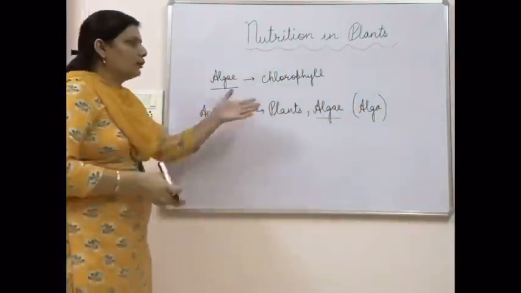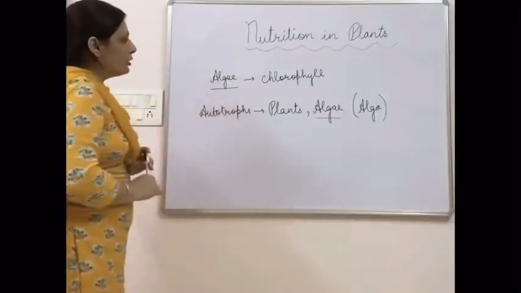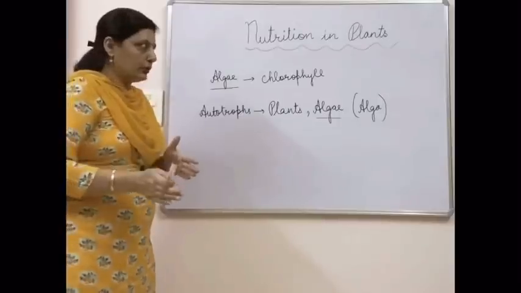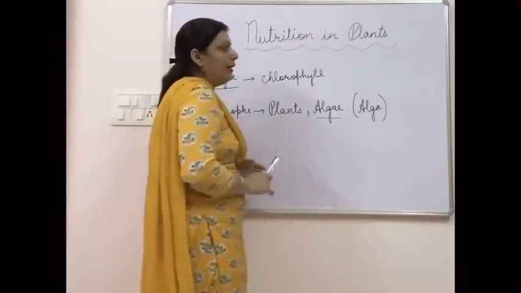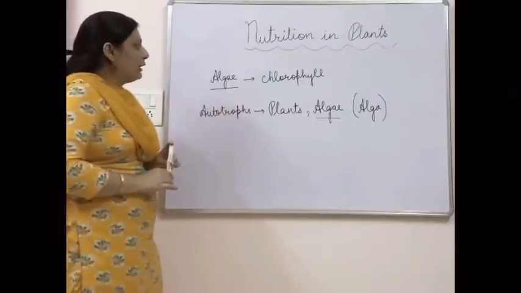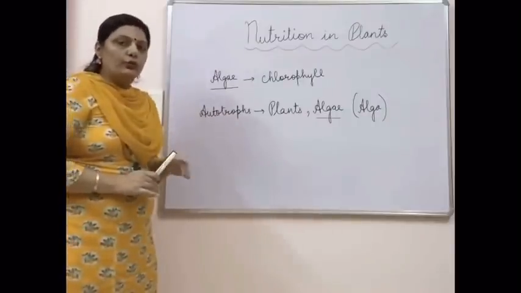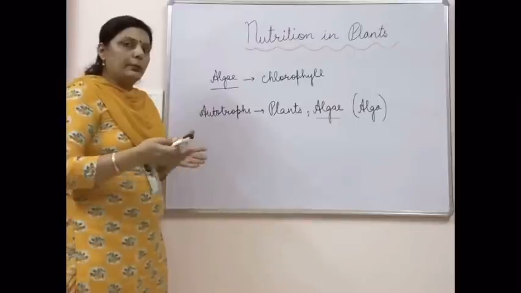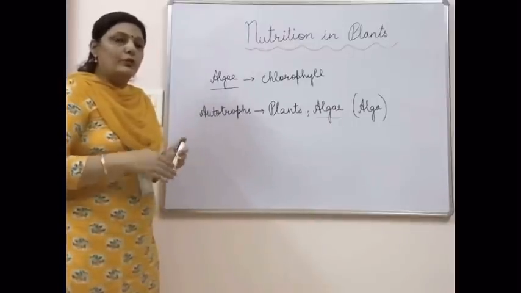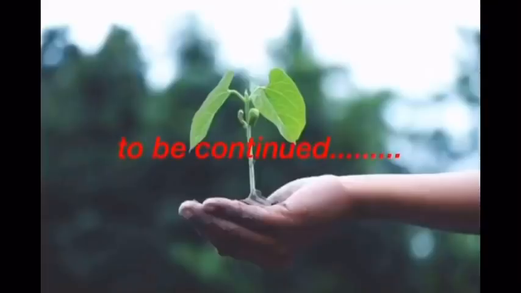These are just singular or plural only. So autotrophs are basically the plants which carry out photosynthesis, as well as the algae. This way they produce their own food and keep on growing and multiplying very fast, and they very quickly cover a water body where they have once started growing.